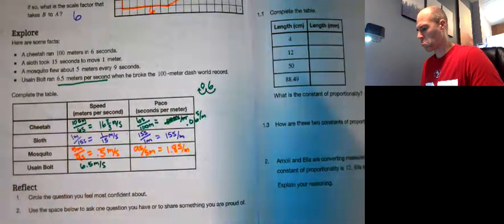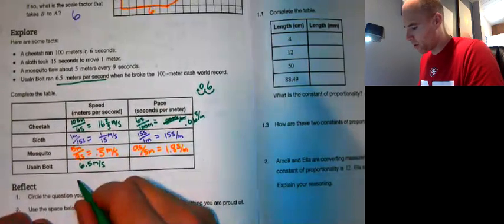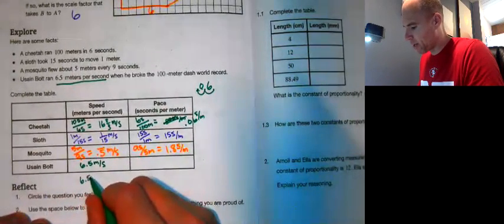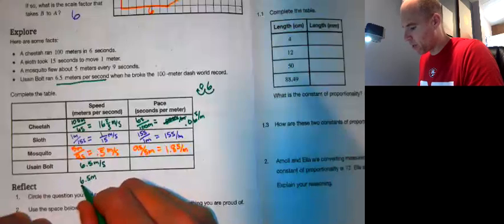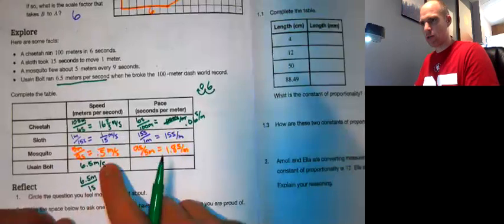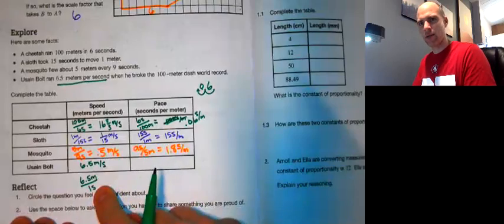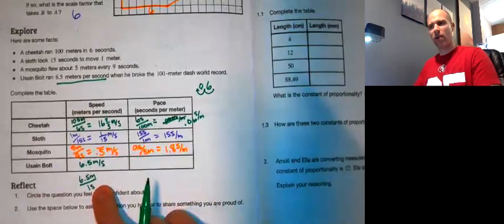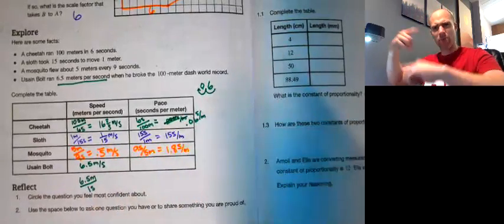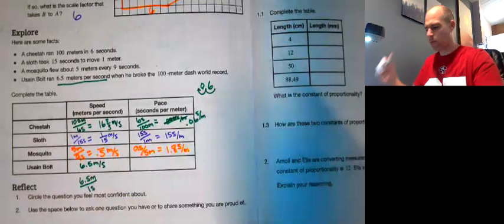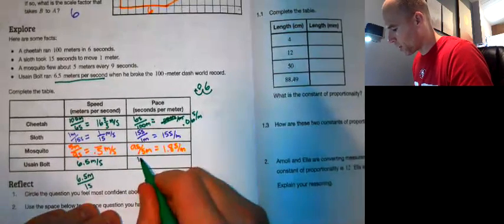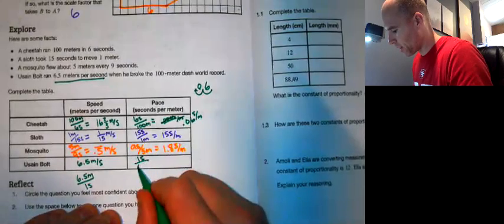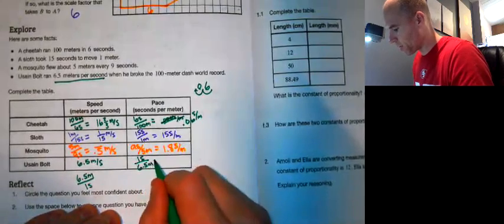Well, we know this is equal to 6.5 meters for every 1 second. I'm just rewriting this in a different way. To find the seconds per meter, we literally just flip it. Now we want seconds on top and meters on bottom. So this is 1 second for every 6.5 meters.